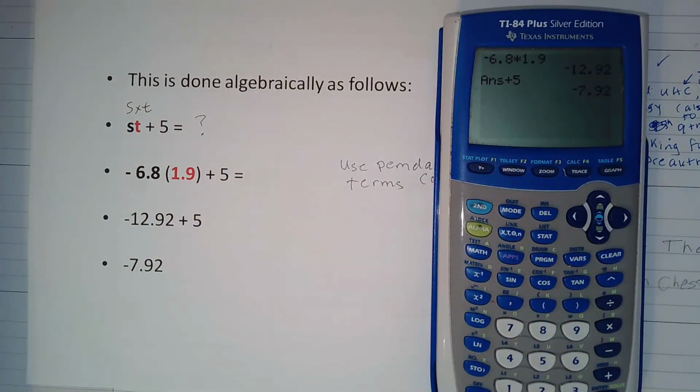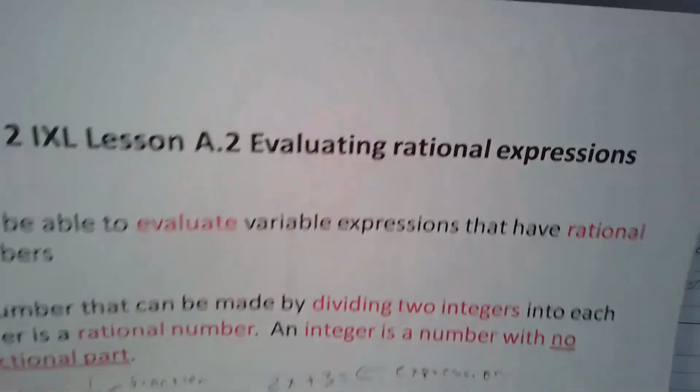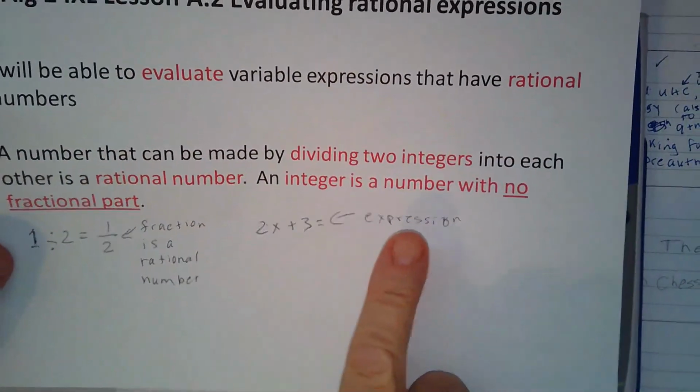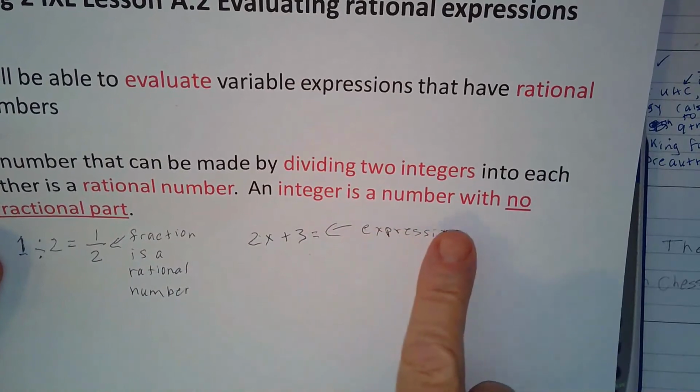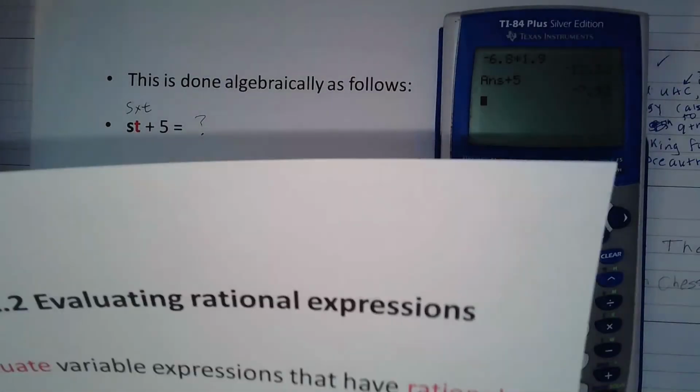Now, some of you are probably saying to yourself, gosh, I don't understand, going back to this definition. It says that you're dividing two integers into each other. Okay, that's fine. But an integer is a number with no fractional part.